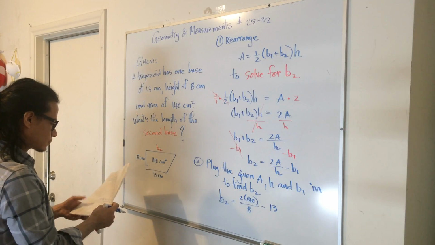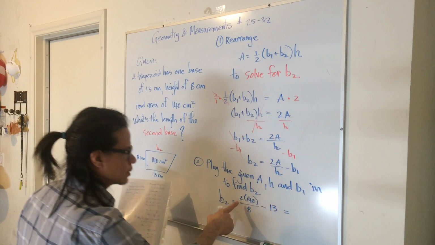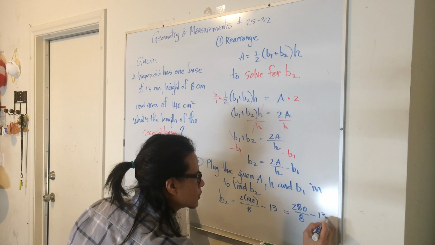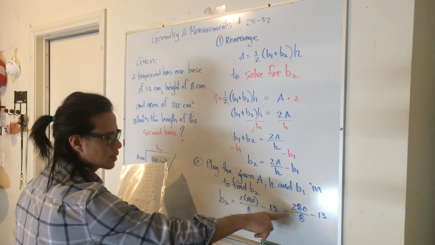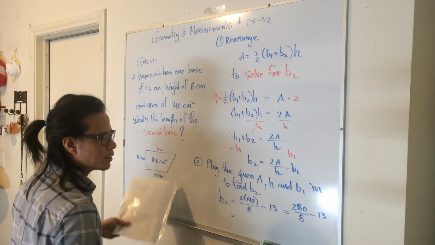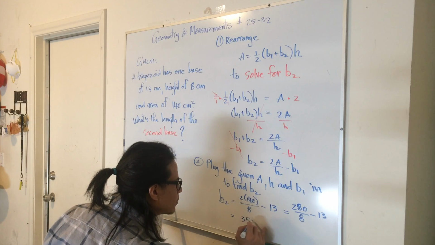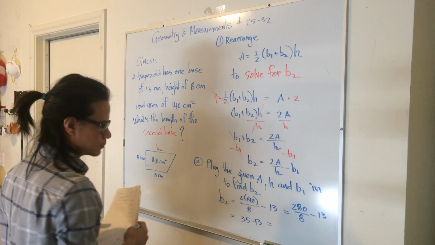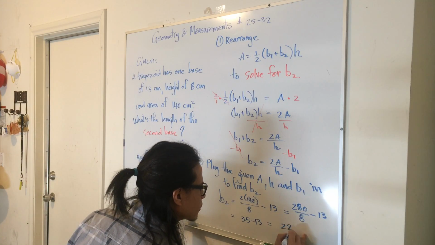Okay? So we have 2 times 140 is 280 over 8 minus 13. This is equivalent to, well, 8 can go into 280 35 times, minus 13, equals 22.